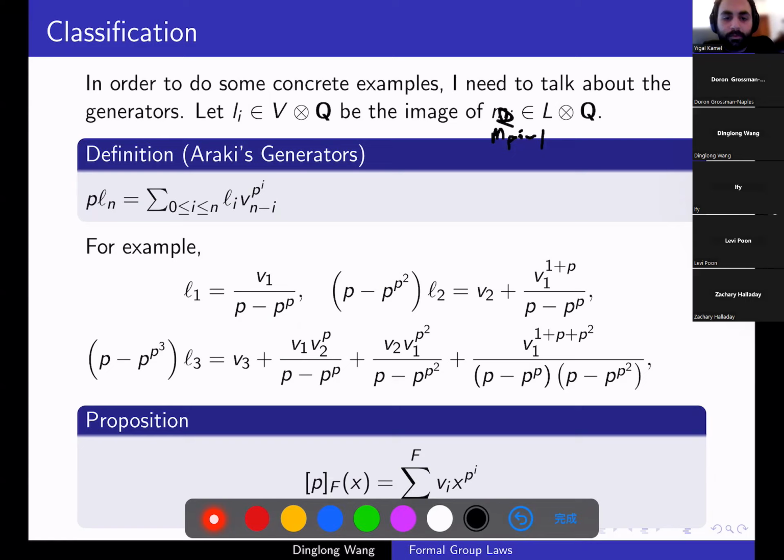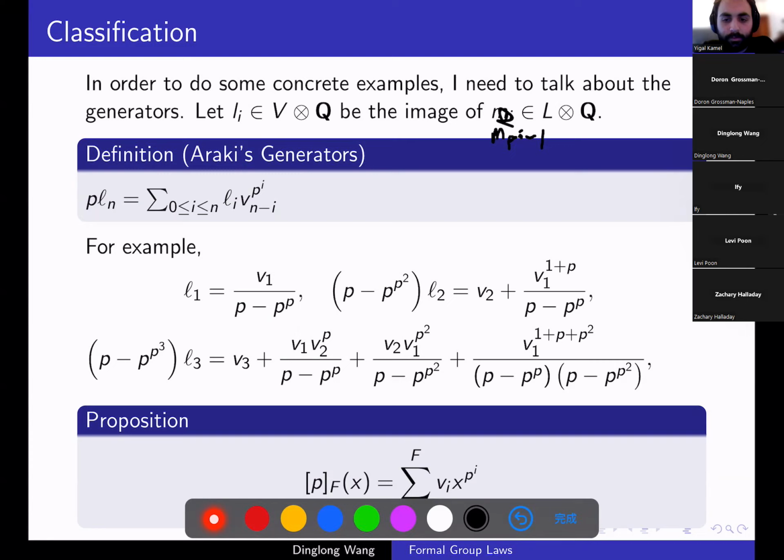I think I read something wrong here; it's actually m p to the i minus 1. Then we have this recursive definition of Vi. Although the recursive definition is a bit messy, there's a very nice proposition that tells us the thing we care about has a very clear formula in terms of this Vi.